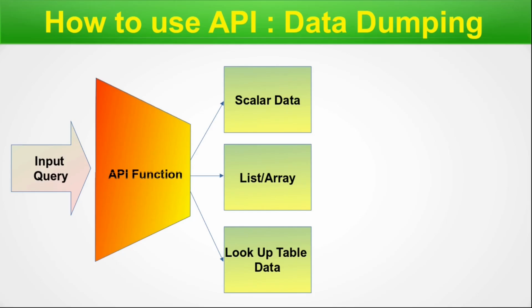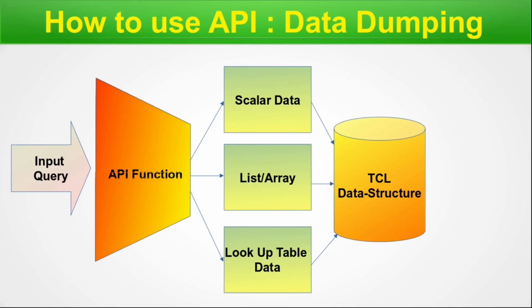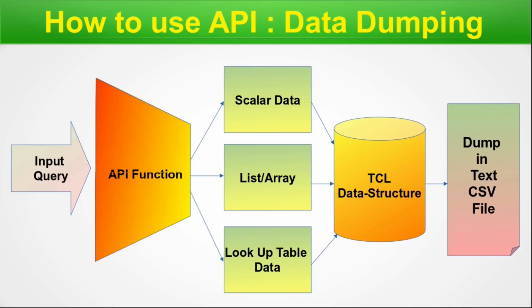The generic definition: any API function may give any of these three kinds of data output to you. And then you can use the Tickle data structure to capture all this data and store it in the Tickle data structure. And then finally, for your verification or designing purpose, you can dump it in a text or CSV file as you like or as you need.